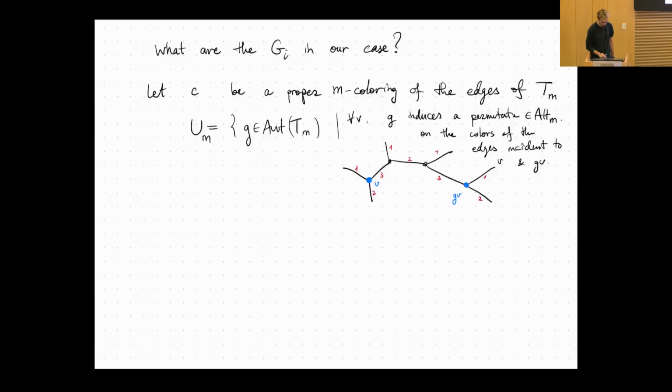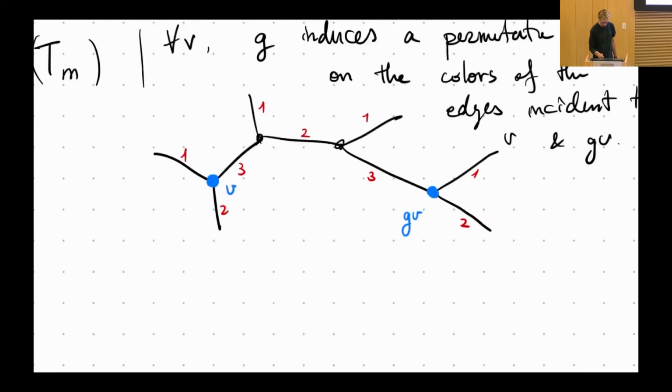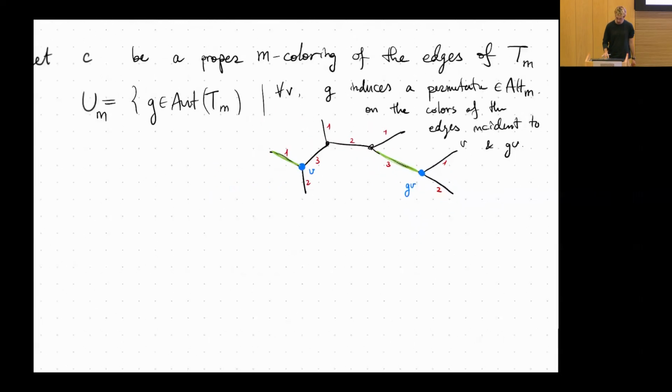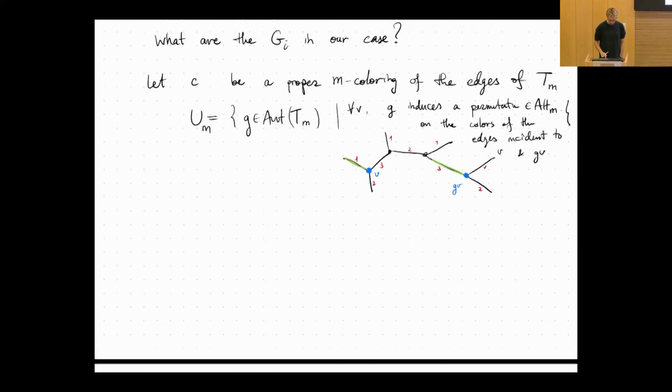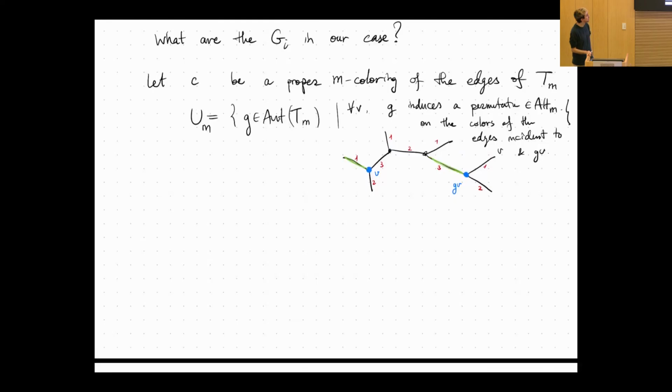For instance, I made this picture to make it a bit more clear. I have some automorphism that sends v to gv, and it takes this edge labeled 1 to this edge labeled 3. So I look at the permutation that sends 1 to 3. What I'm asking is that this permutation be even, exactly to rule out the parity issue that I talked about. And this turns out to be the right object to look at.